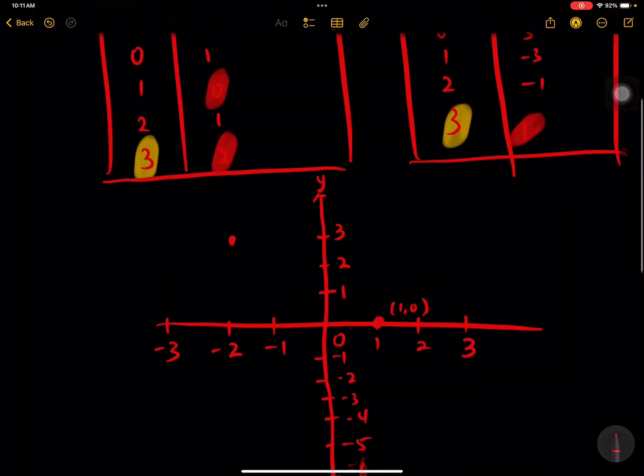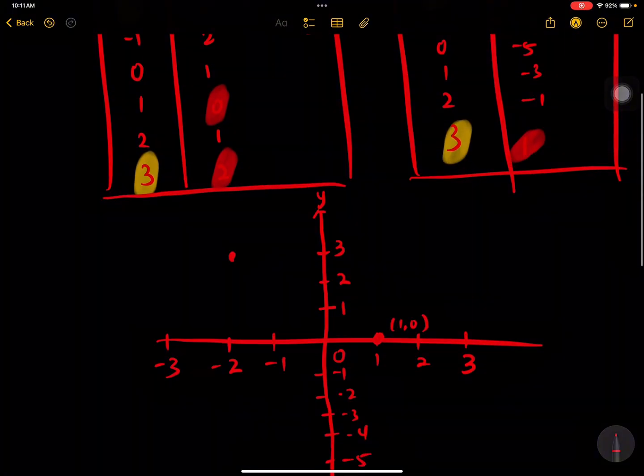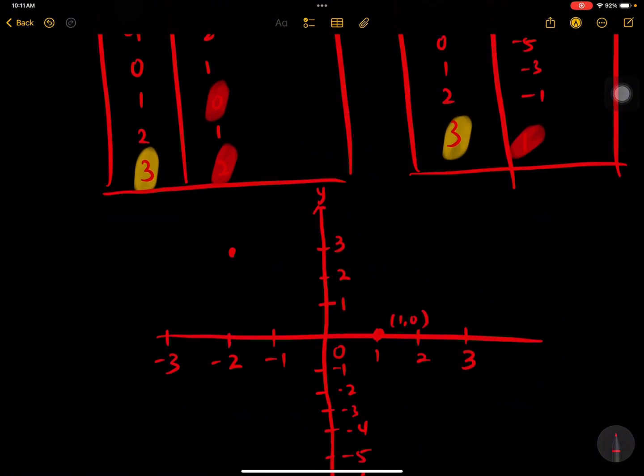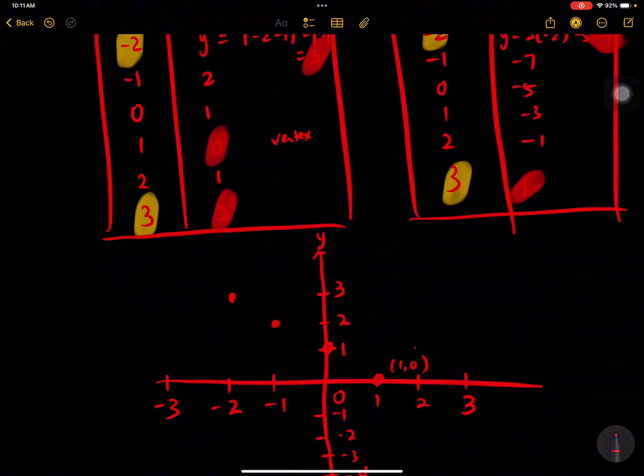Okay, then second point, -1, 2. -1, 2 here. 0, 1, 1, 0. This is vertex, right? 2, 1, 3, 2.